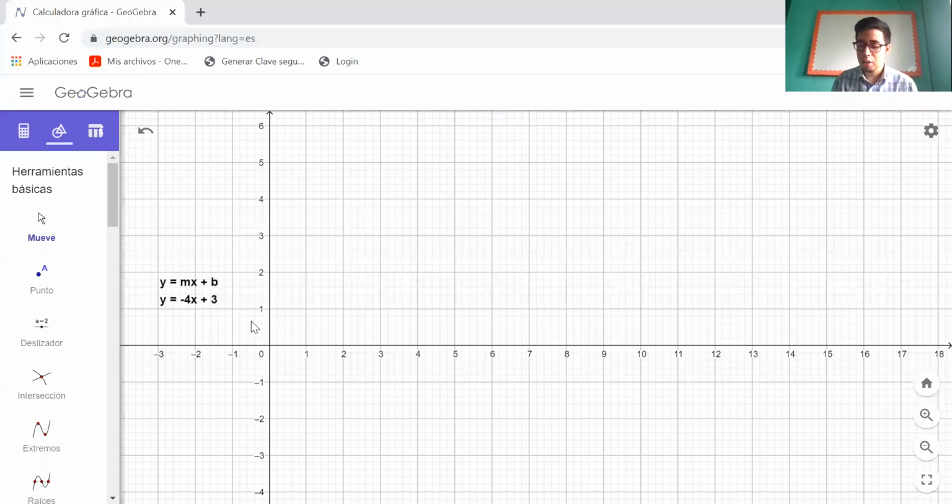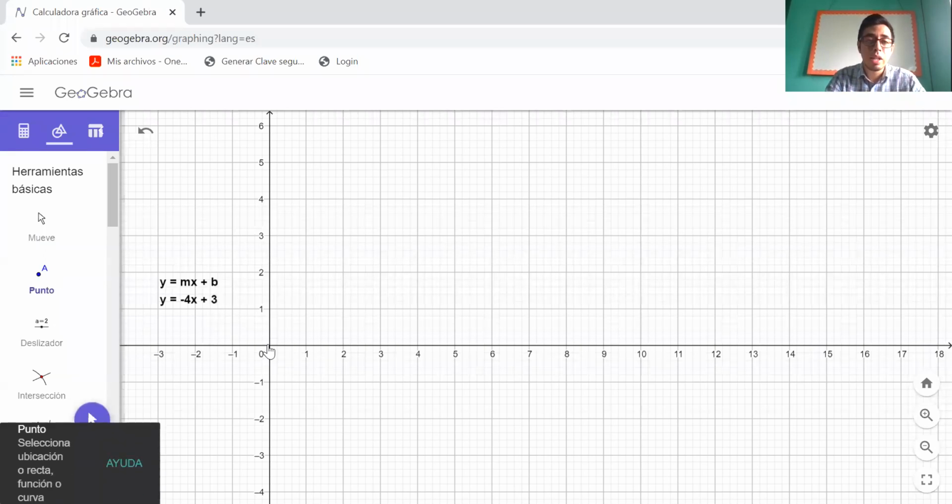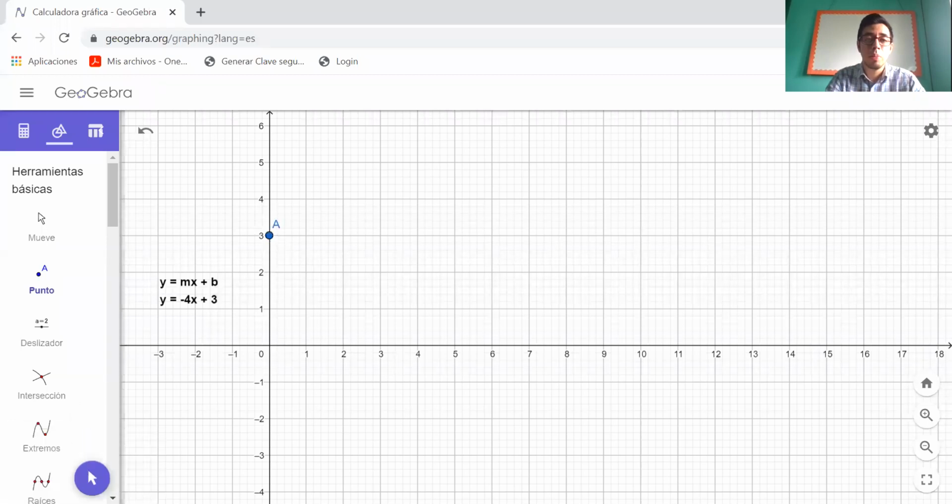Step 1, the y-intercept is 3, so plot the point at 0 for x, 3 for y. Remember, when one number is the intercept, the other variable is going to be 0. So this point is going to be 0 for x and 3 for y. This is the point I have in here.